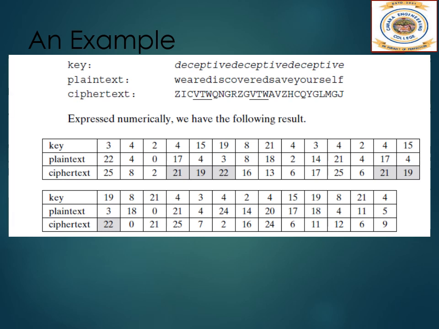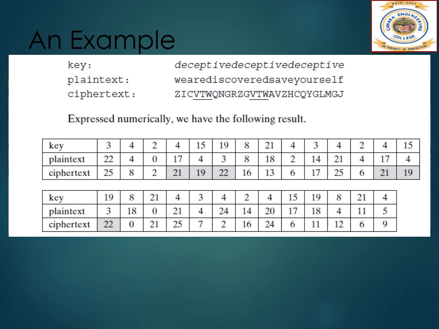So let us take an example over here. Say the key given is deceptive, deceptive, deceptive. The key should be as long as the plain text. The plain text given here is we are discovered, save yourself. How do we convert this into ciphertext? Numerically, we write the key, and the numerical equivalents of the key are listed out, and the numerical equivalents of the plain text alphabets are also written down.